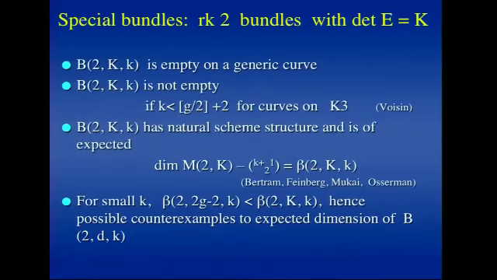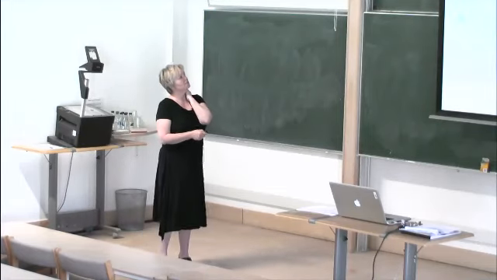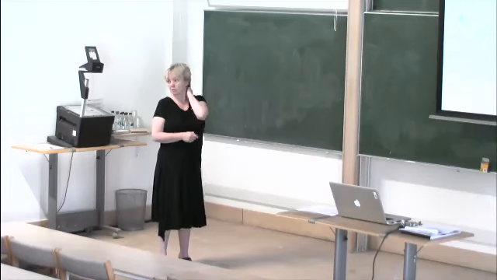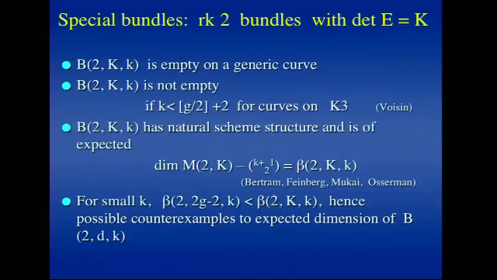Now, there's also a way to calculate the dimension of the component if it's not empty. Bertram, Feinberg and Mukai started calculating it. Now, Osserman has some generalized calculations for some bundles with fixed determinant. So actually, they do not coincide. This beta is not really our original beta.